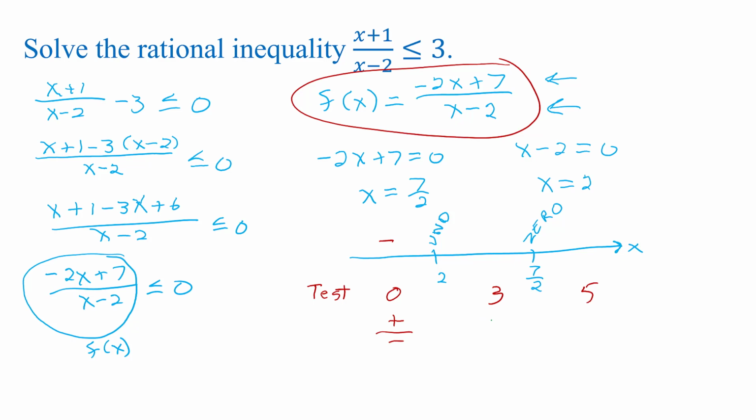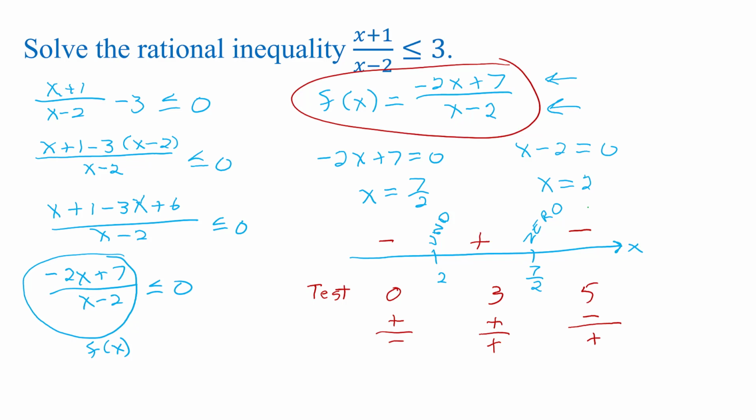Negative 2 times 3 plus 7 is positive. 3 minus 2 is positive, so I have positive y values in that region. To the right of 7 halves, if we plug in 5, we get negative 2 times 5 is negative 10, plus 7 would be negative, over 5 minus 2 is positive, so to the right of x equals 7 halves, y values will be negative.